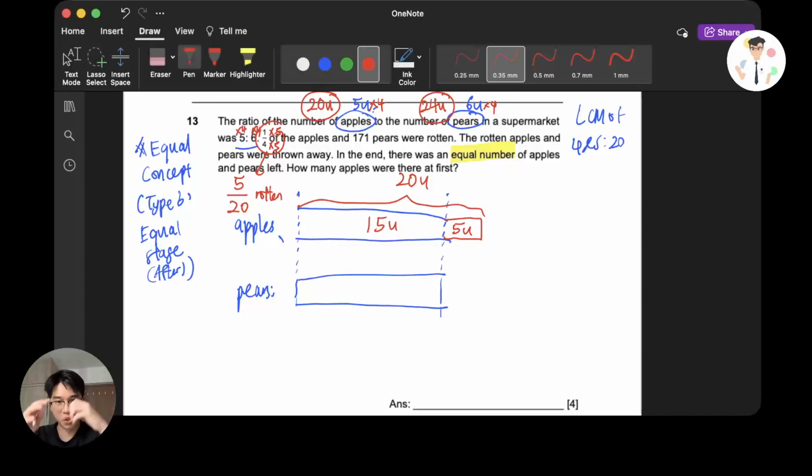Make sense? I have 20 units at first, I throw away that 5 units, now I'm left with 15 units. And of course, this is for apples.